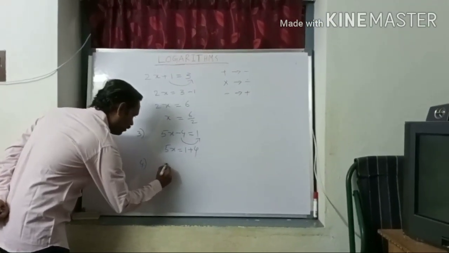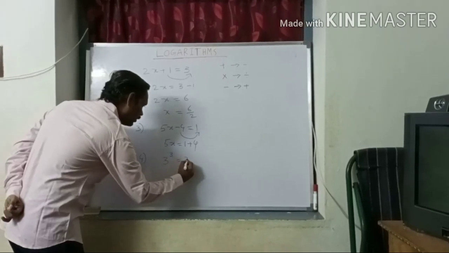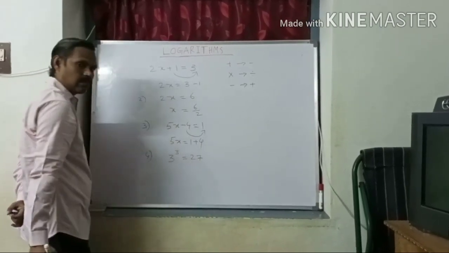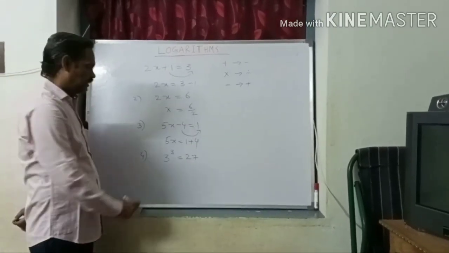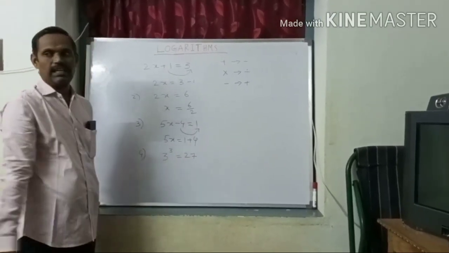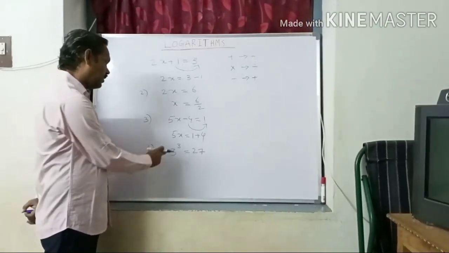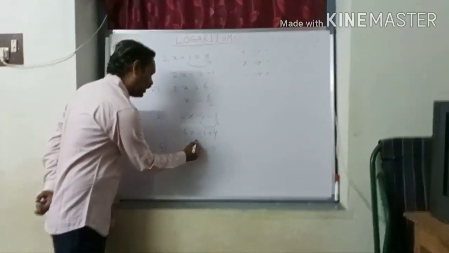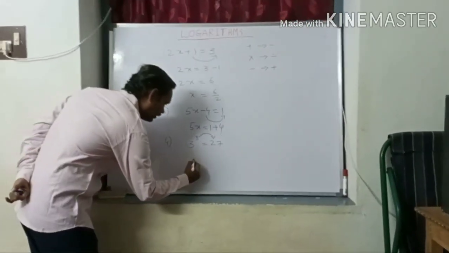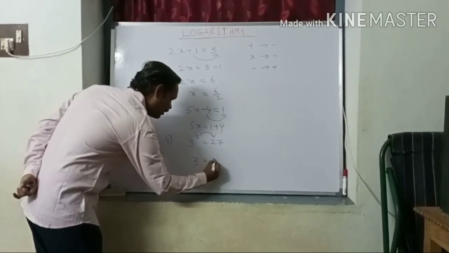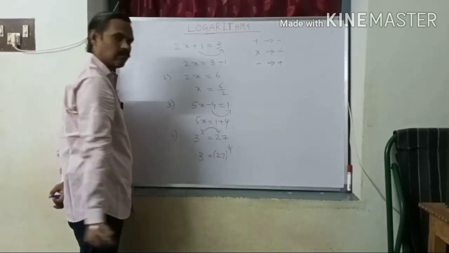We will go for one more example. For example, if we have 3 cube is equal to 27. This is not a simple equation. This equation is called an exponential equation. In this exponential equation, if you transpose the exponent from LHS to RHS, what happens? 3 is equal to 27 whole to the power of 1 by 3.